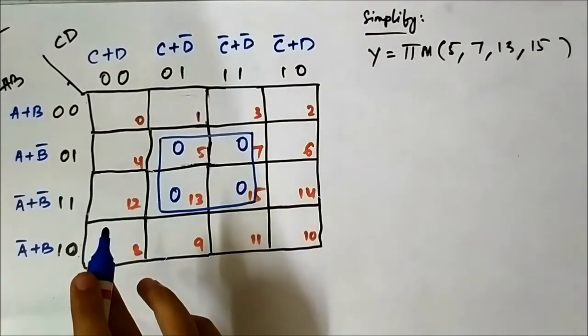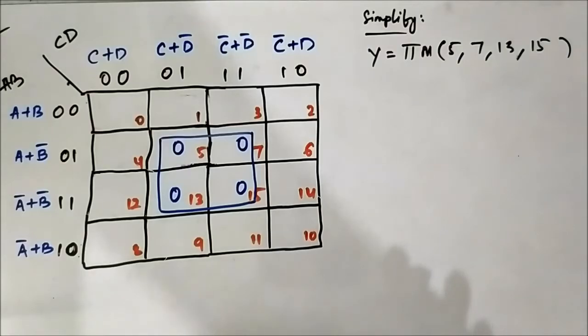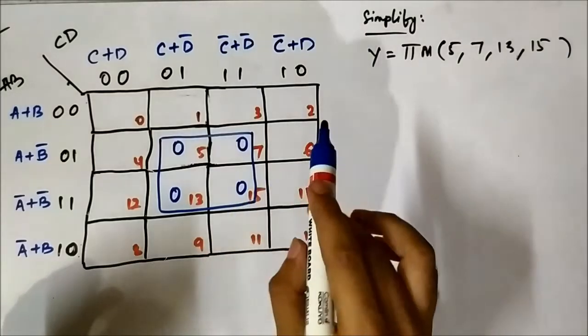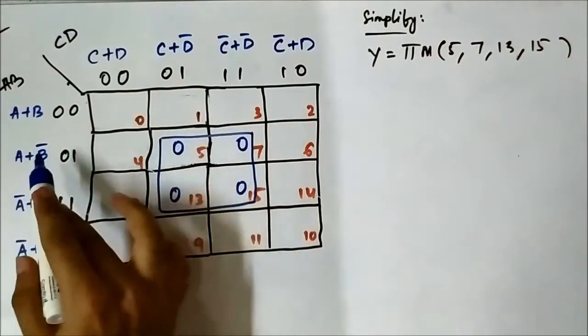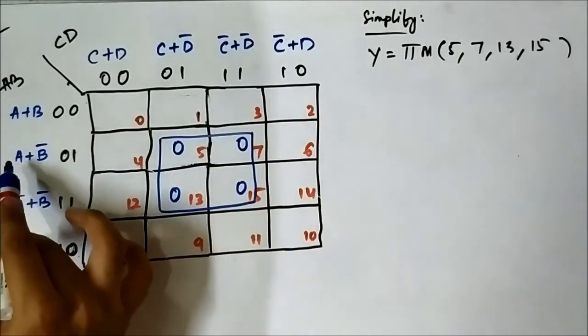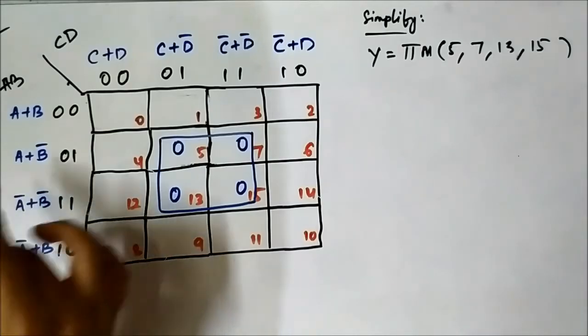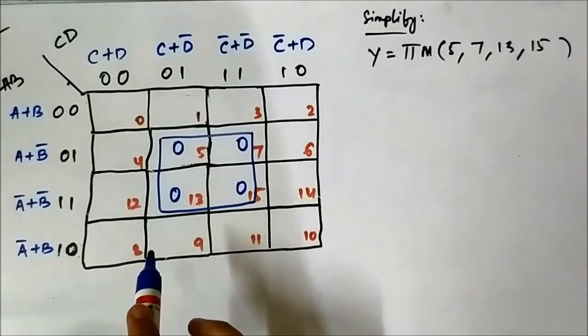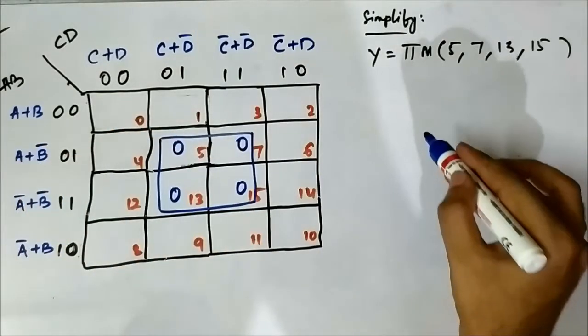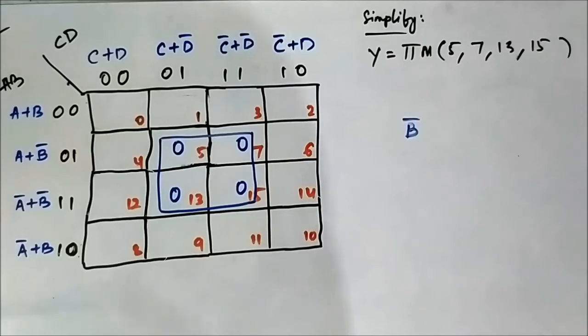Okay, so here for this quad, the horizontal components are A or B bar, A bar or B bar. So here in the horizontal side we have B bar common.